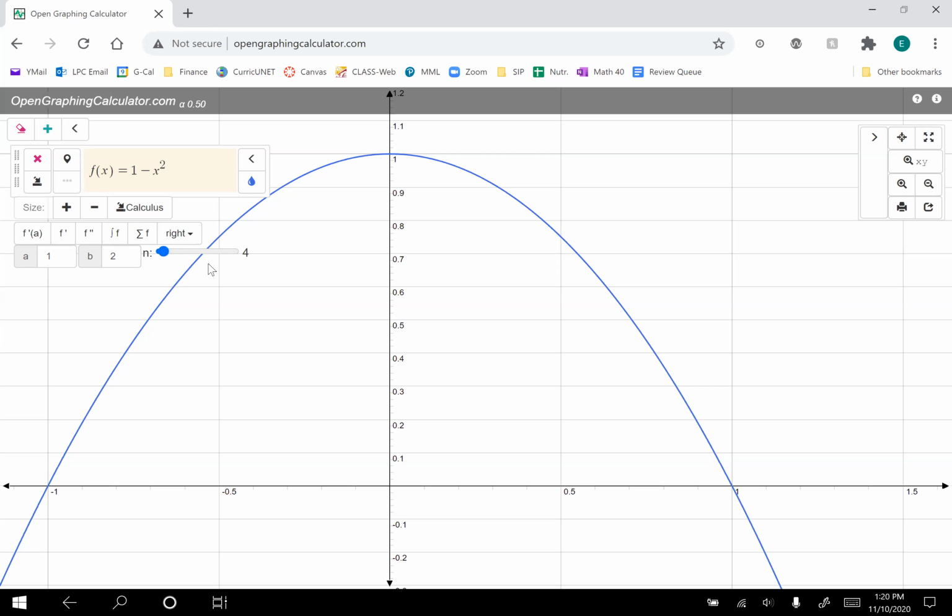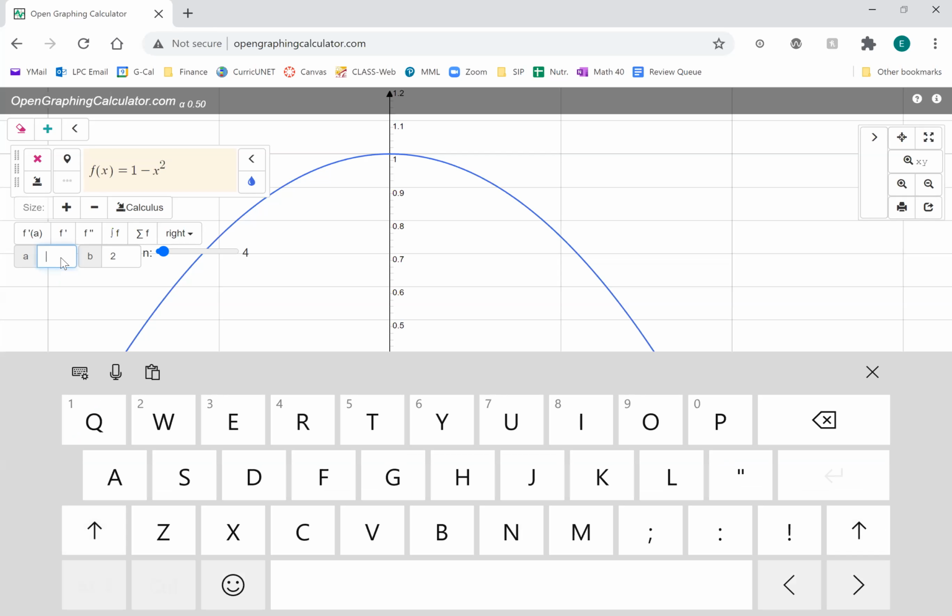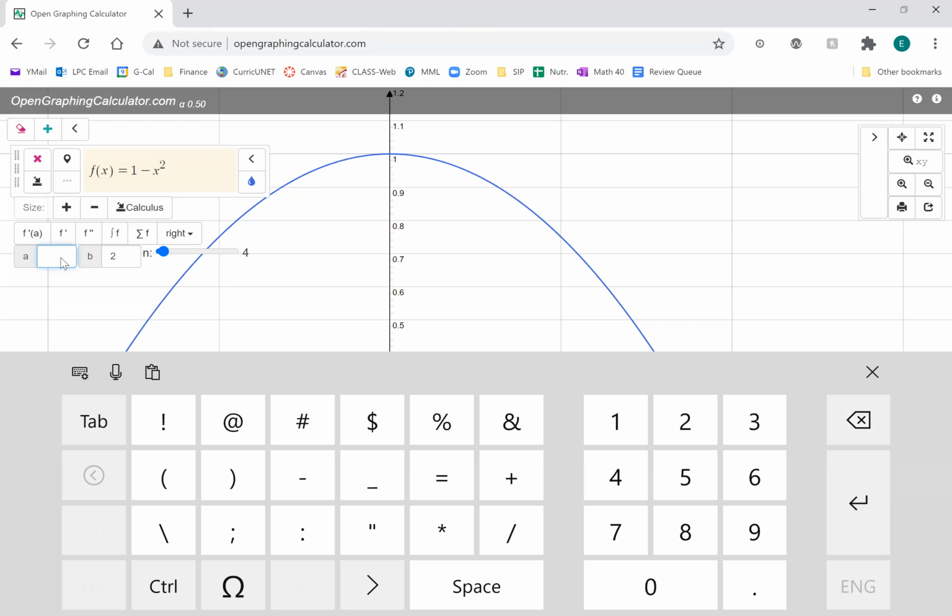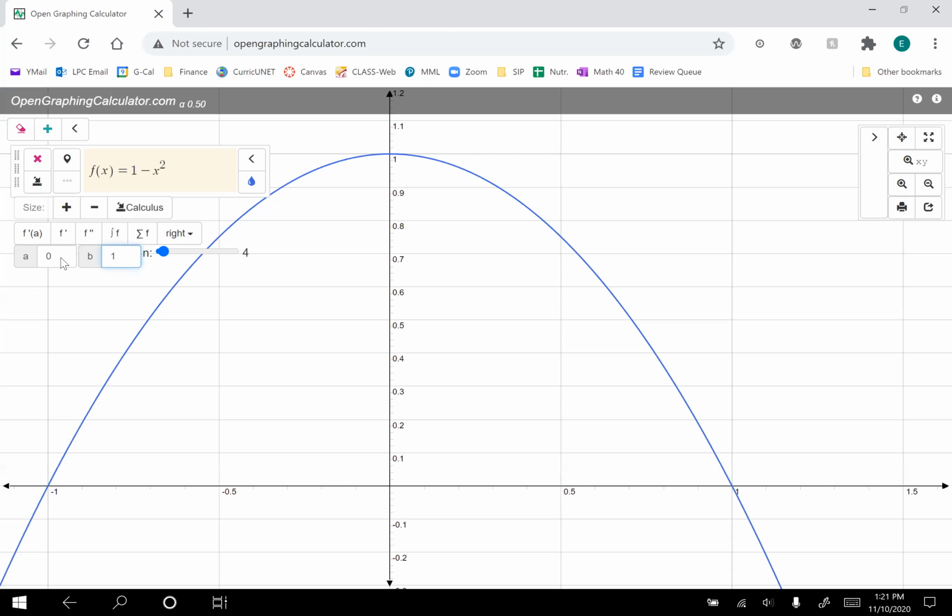So let's just do n equals 4 for right now so we can see if we match our old answers. A and B are the ends of the interval that you want to look at for the area. So we want to go from 0 to 1. So A is going to be 0, B is going to be 1. We'll keep n equals 4 for right now.